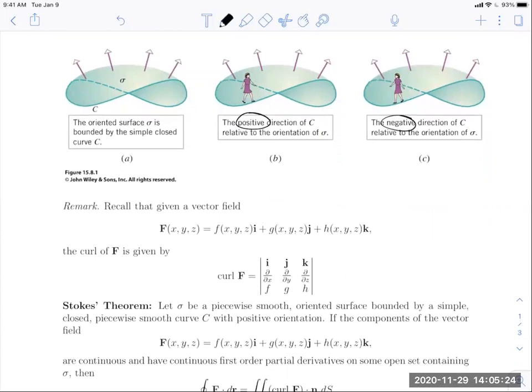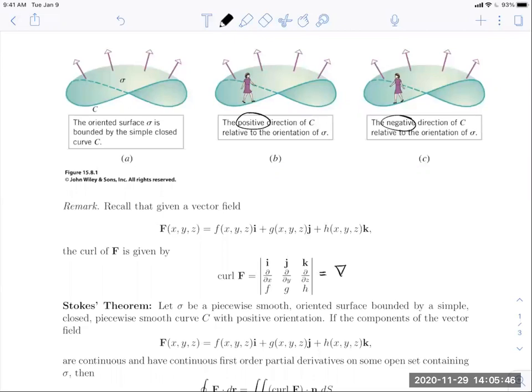We also have a remark here reminding us of how to compute the curl of a vector field. Given a vector field F with component functions lowercase f, g, and h, the curl is given by the determinant of the matrix whose rows are first the i, j, k unit vectors, second the partial derivatives in each coordinate, and third the component functions.